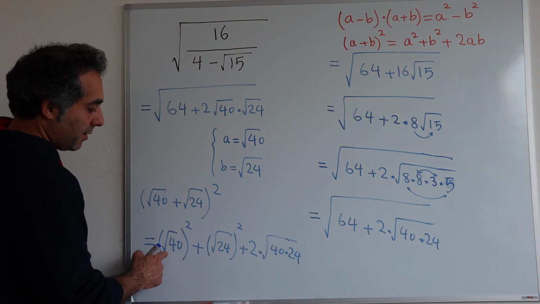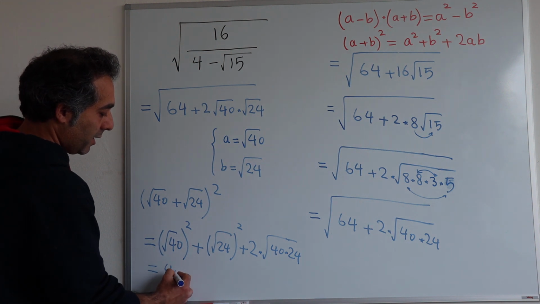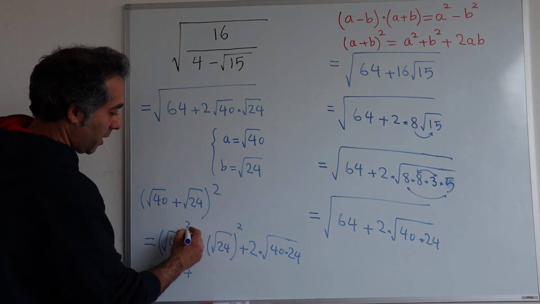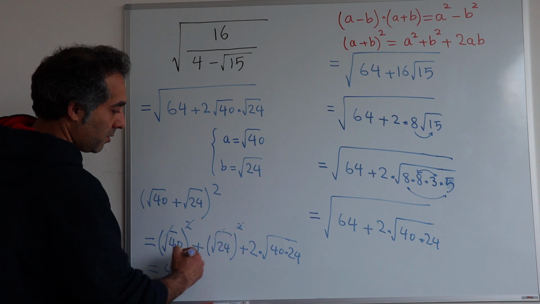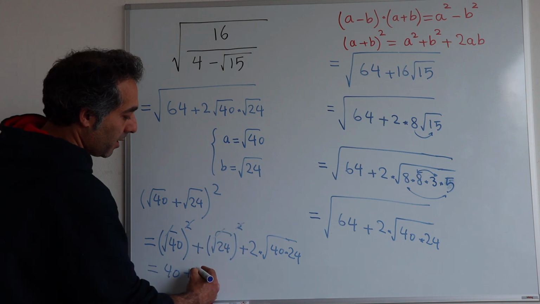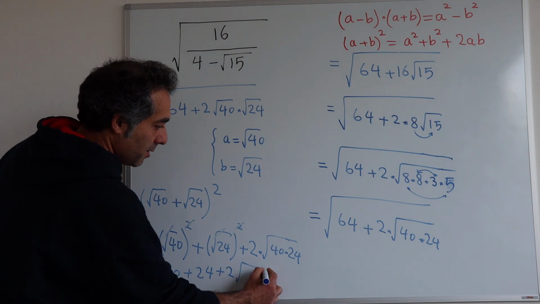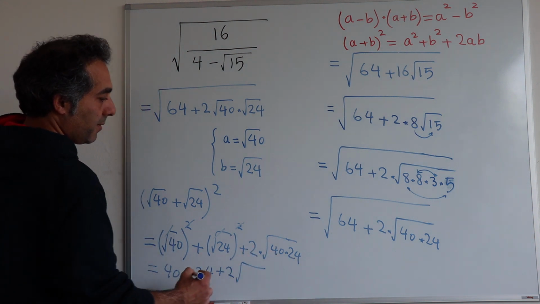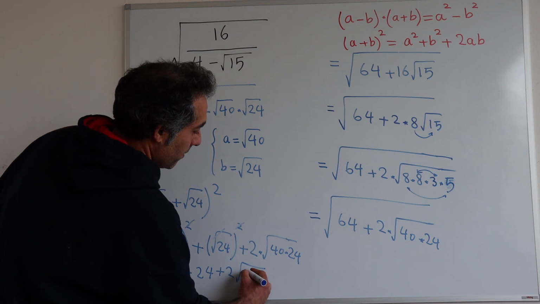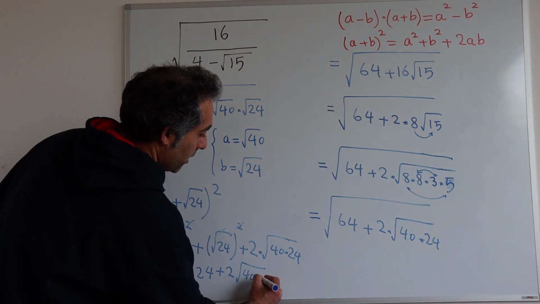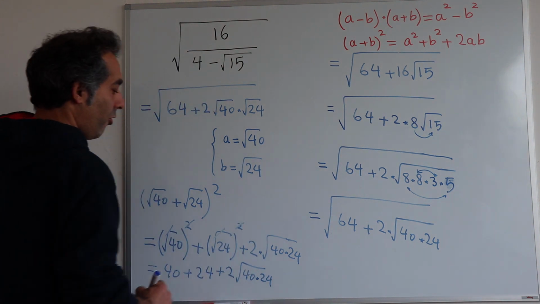And you can see this one is 40 plus this one, because this 2 and this 2 are simplified, 24 plus 2 times this one, 40 times 24.